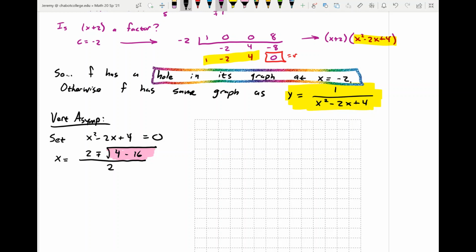This right here is going to end up being the square root of, what is it, negative 12? So there are going to be no real solutions to this. So that means no vertical asymptotes.